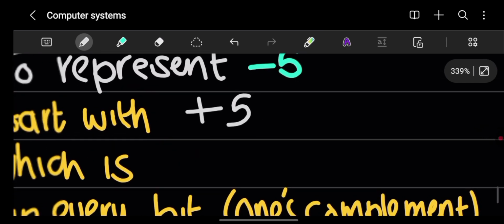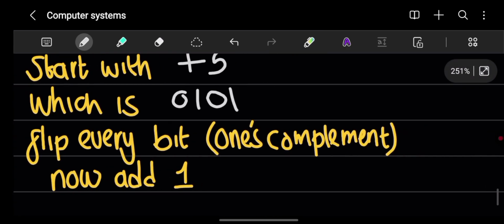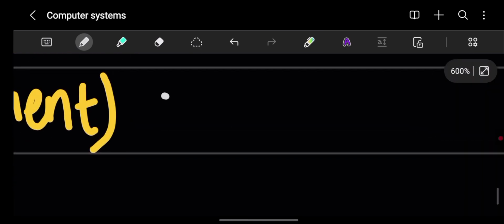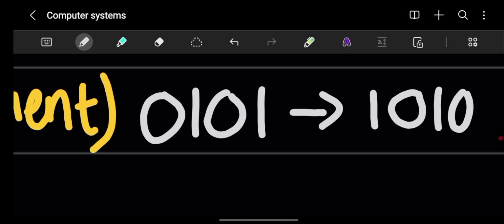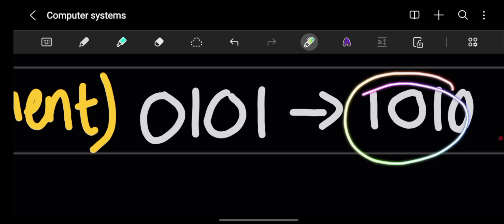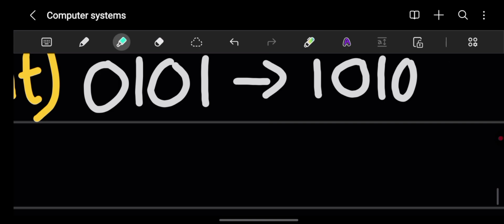Positive 5 is 0101, right? And then it tells us to flip every bit. So 0101 changes to 1010. You're changing everything. And once you flip everything, that becomes your ones complement. And then to make it two's complement, you add a 1. So you go +1 to the ones complement.